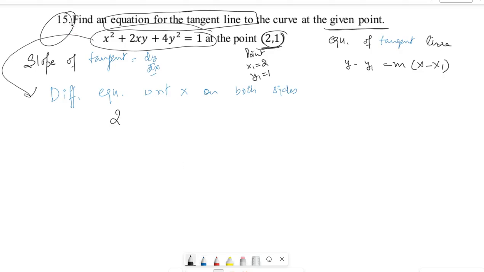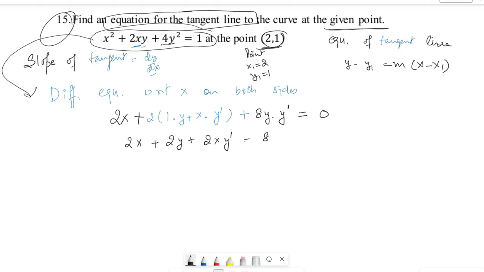The derivative of x squared is 2x, plus this here is a product of two functions. 2 is a constant. The derivative of x is 1 times y, plus x as is times the derivative of y, which is y prime, plus the derivative of 4y squared, which is 8y, but whenever there is y's derivative, you also need to write y prime, equal to 0. Let's open this up completely: plus 2y plus 2xy prime plus 8yy prime equal to 0.